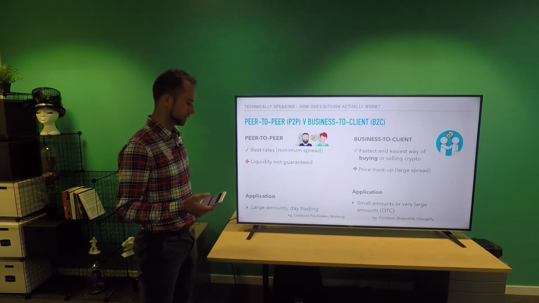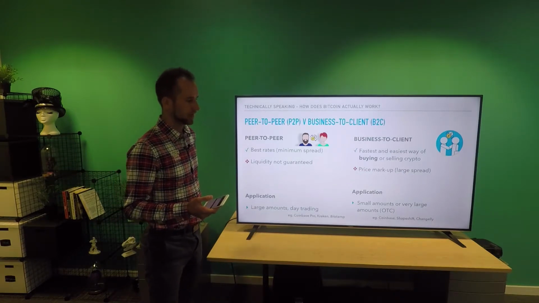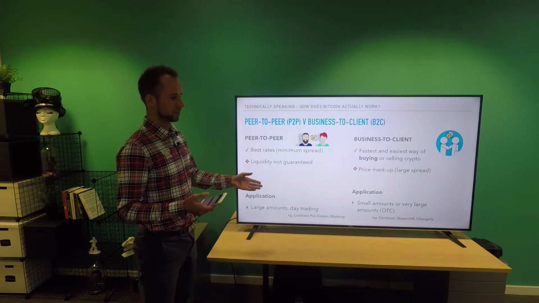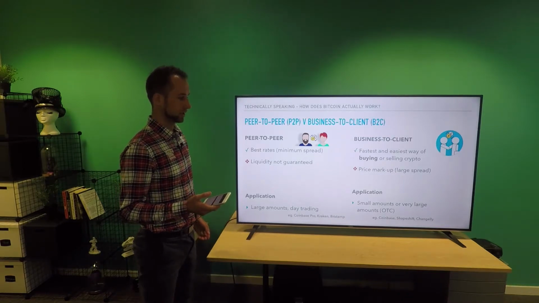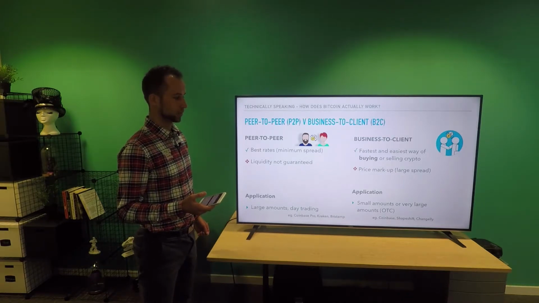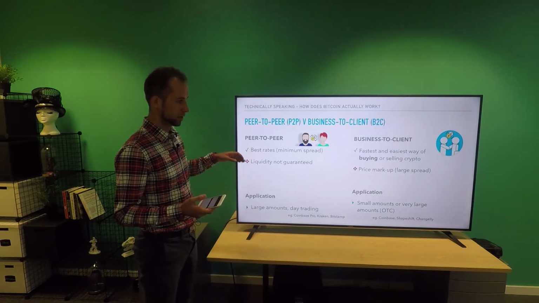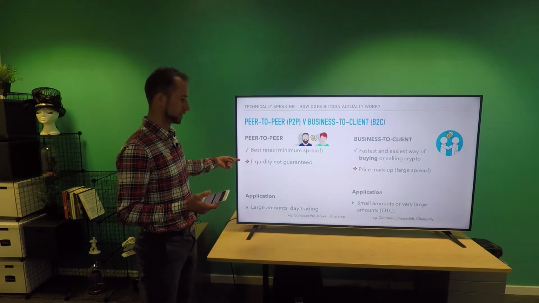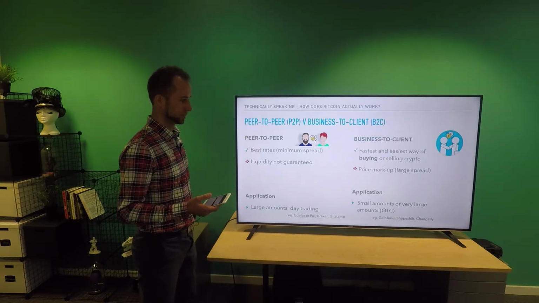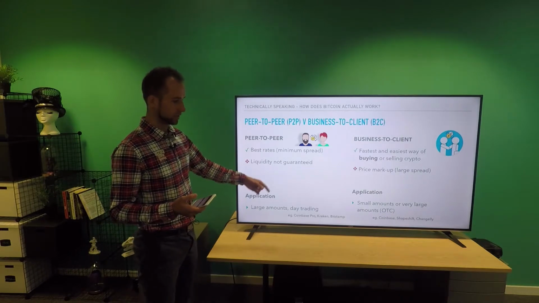I just listed there large amounts and day trading, but it could really be applied for most applications, unless you want to buy very small amounts where this price markup doesn't really matter much, or very large amounts like over the counter, where you will be able to get even better rates than on peer-to-peer market due to those liquidity limitations. Examples of peer-to-peer: Coinbase Pro, Kraken or Bitstamp.